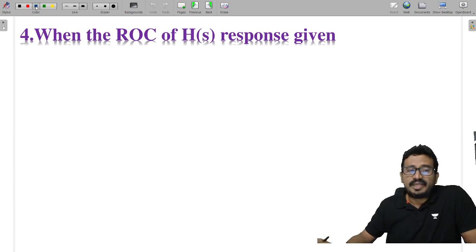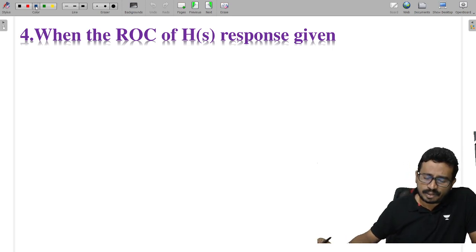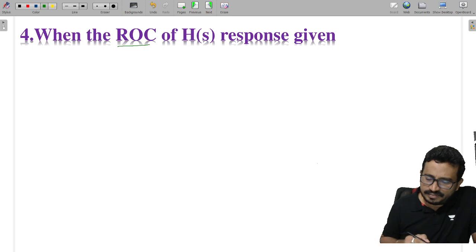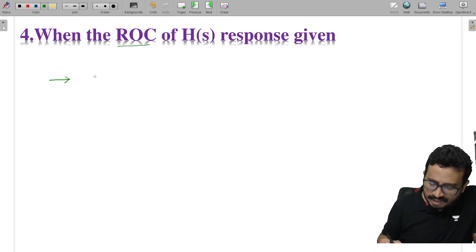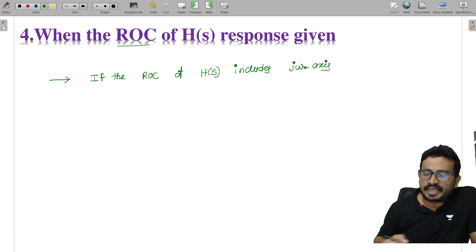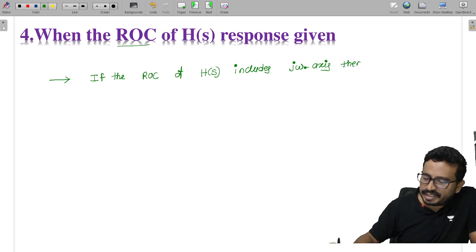Another way of analysis: if the ROC of a system is given, ROC means region of convergence. Then what is the condition for stability? If the ROC of H of S includes the j omega axis, j omega axis meaning the imaginary axis, then the system is stable.